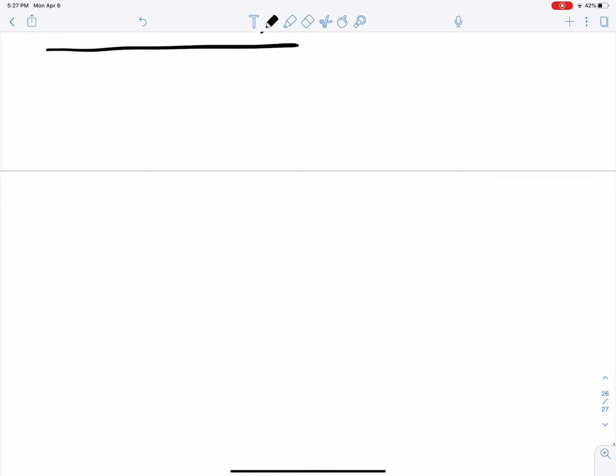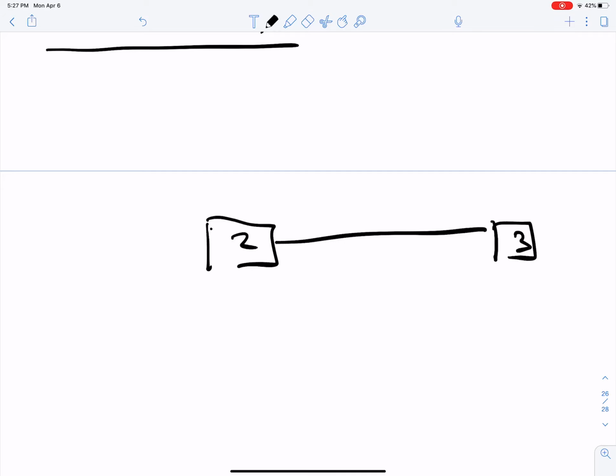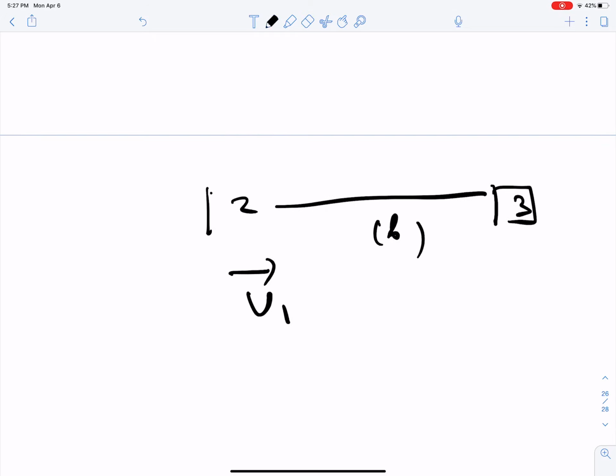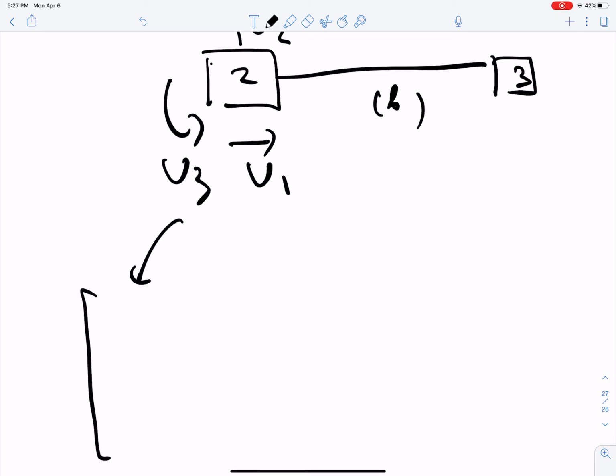Okay, so first thing, as you recall, all right, okay, this was node 2, this was node 3, right? This was our element B. Okay, and so you go and you take the solution here, right? U1, U2, and U3, right? And you put them into the delta B. Right?